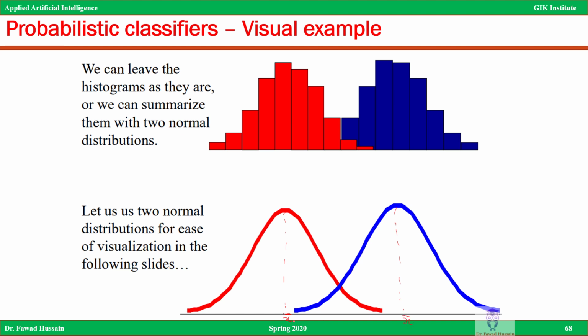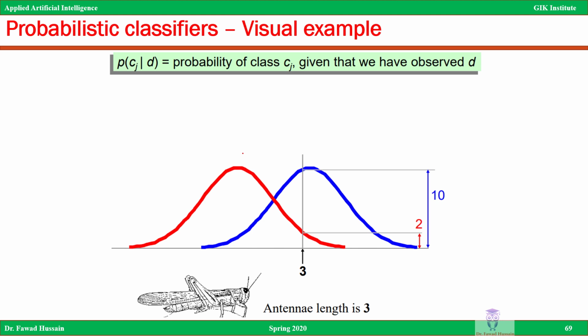So let's call this x1 and x2, the two distributions. Now if we have a new insect whose antenna length is 3, we plot 3 here and measure. In the case of grasshopper, the value here is 2, and in the case of katydid the value here is 10.